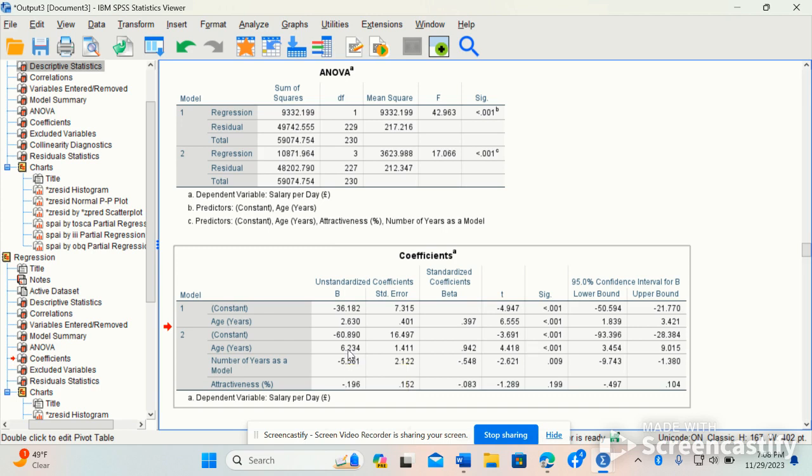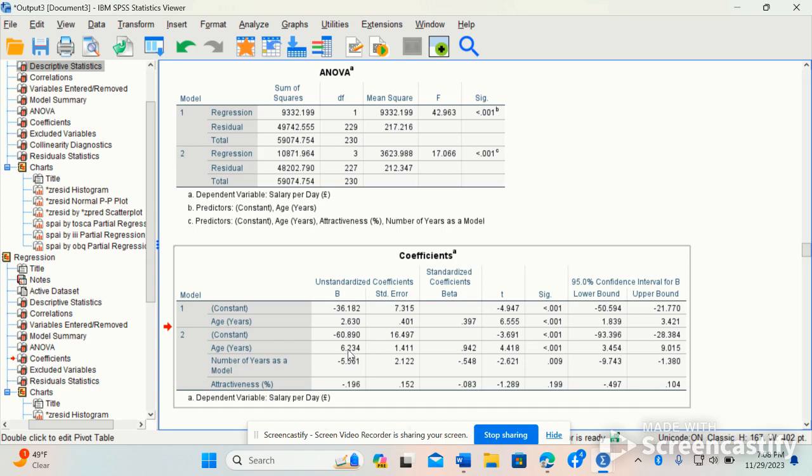And the regression equation for the final model is salary equals b sub 0 plus 6.23 times age minus 5.56 times the amount of years minus 0.196 times attractiveness.